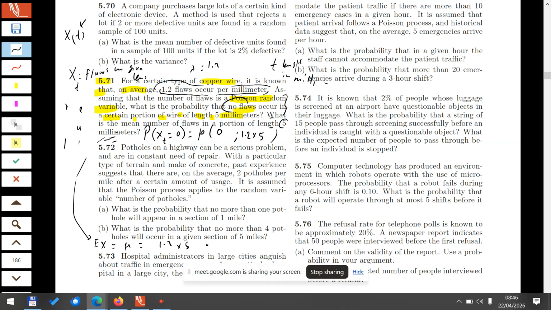Okay. But you need to pay attention to the words. If I change this millimeters to some other units, then you will have to change accordingly. What if I change this, for example, to meters? What will I do then? 1.2 times 0.005.